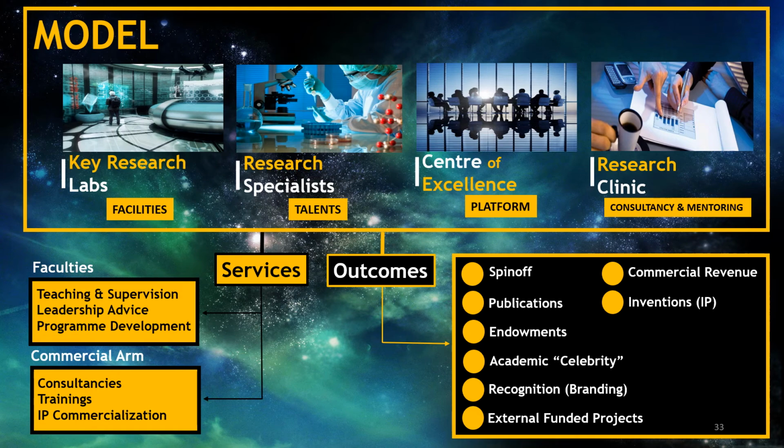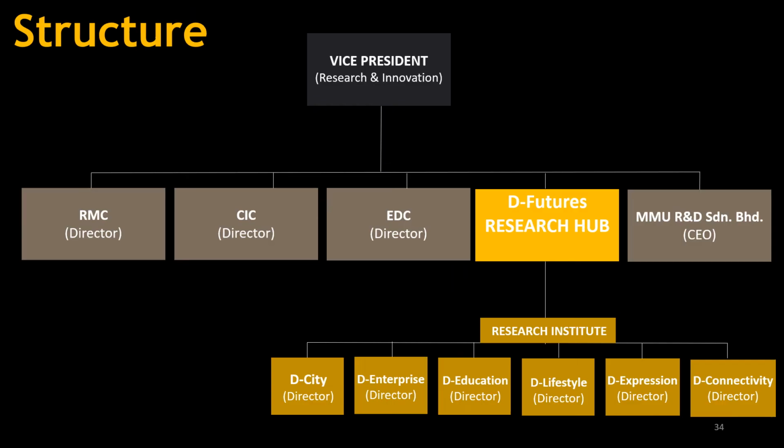So with this transdisciplinary approach, the institute becomes the vehicle to deliver such a model. From a structure point of view, this is how it is placed, because you have faculties in parallel. The research parallel to the faculties would be this Digital Futures Research Hub and the 8 research institutes, as I mentioned earlier.